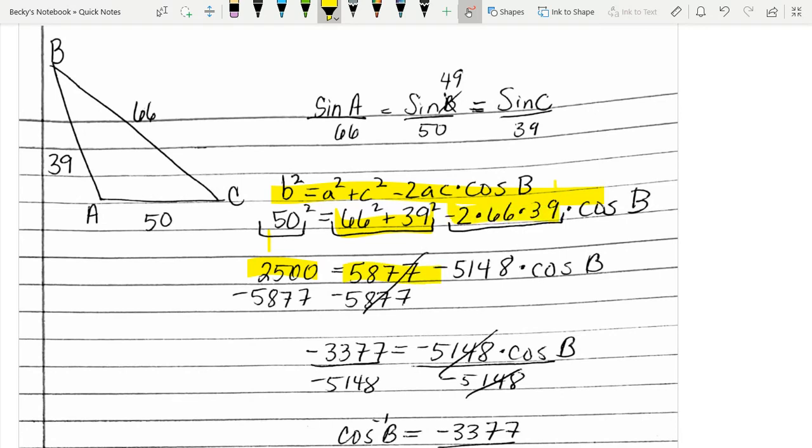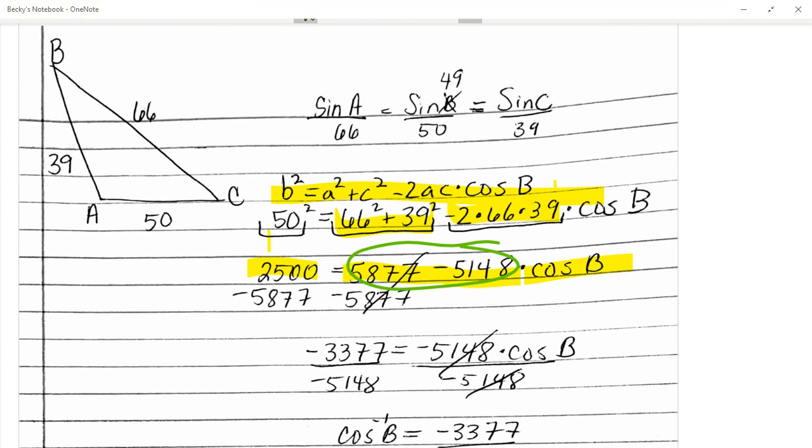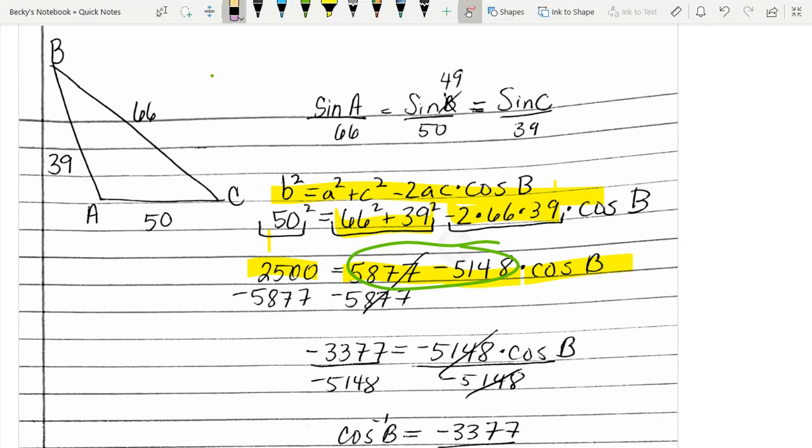Next little parenthesis, negative 5148, and then you drop down cosine B. Your brain is, again, going to lie to you and say, subtract those four-digit numbers. But you're going to resist that, because you know your brain's lying to you. You're going to subtract the 5877 over to the other side. And yes, it makes it negative, but that's okay.